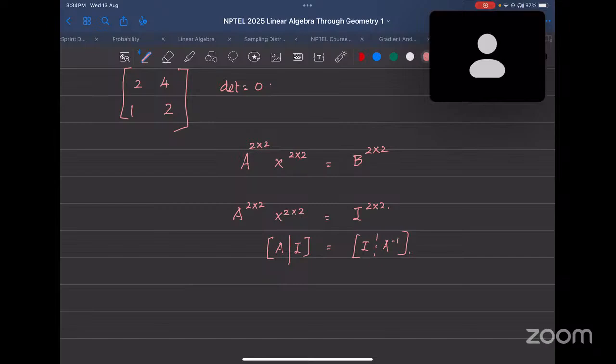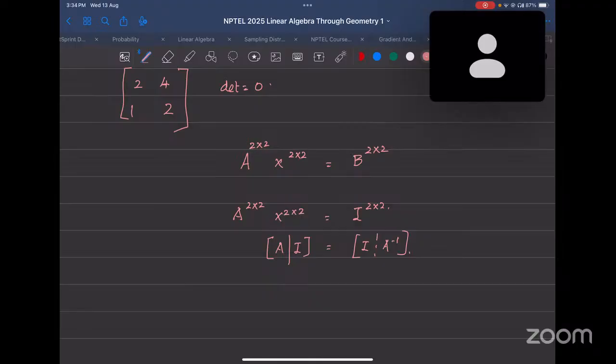When you do elementary row operations on the square matrix A, you must continue to do it till you get the identity matrix. The moment you get the identity matrix on one side, the identity matrix on the other side will have changed to A inverse. So you should go till you get the identity matrix from A. Is that clear?